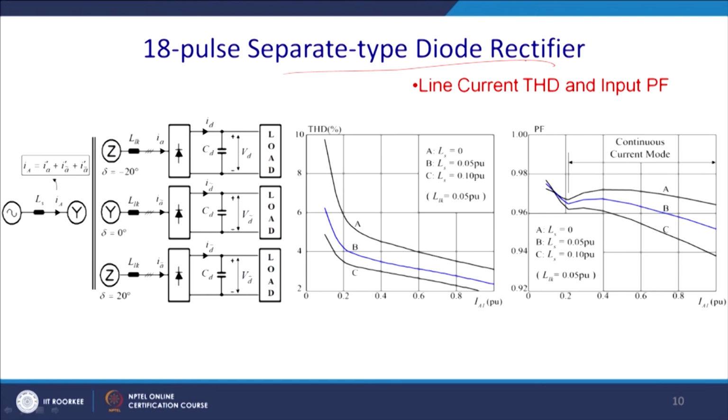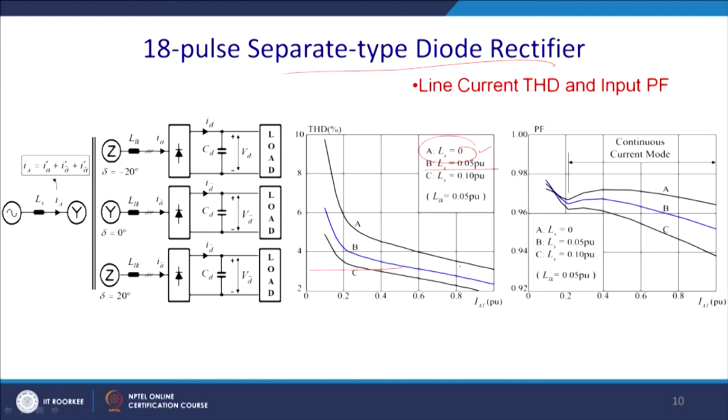So, you can see that this gives you, consider this B graph for the 18 pulse. Here for the half load you have a THD close to 3%, otherwise it is the same. Actually this is the case we generally do not consider, because we will have some kind of leakage reactance as well as some kind of source reactance.